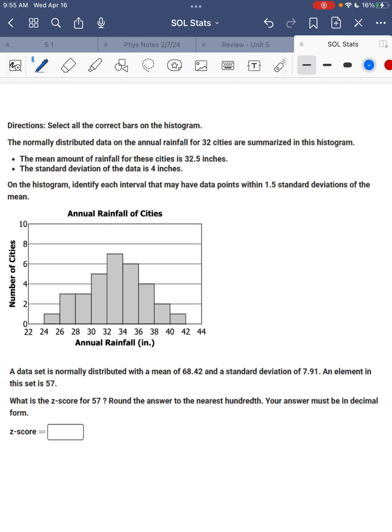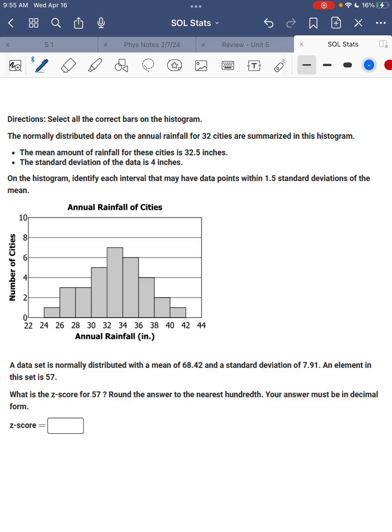So here we go. We got normally distributed data for 32 cities. The mean is 32.5, standard deviation is 4. So you see how 32.5 is kind of like the middle. On the histogram, identify each interval that may have data values within 1.5 standard deviations.